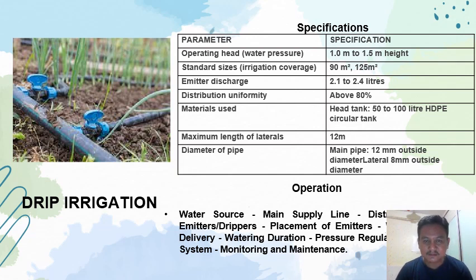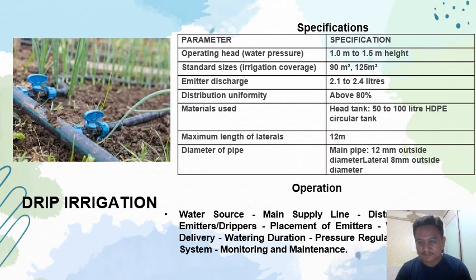Standardized irrigation coverage: 90 meters by 225 meters. Emitter discharge: 2.1 to 2.4 liters. Distribution uniformity above 80%.